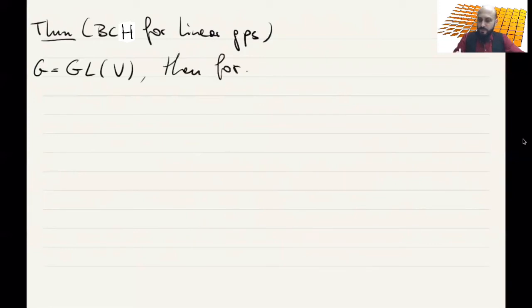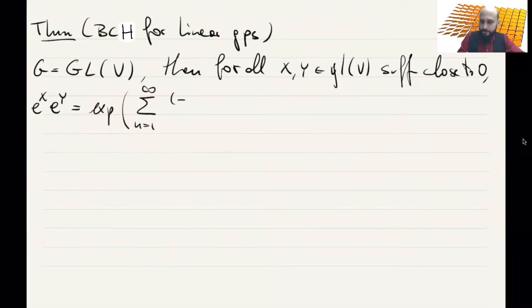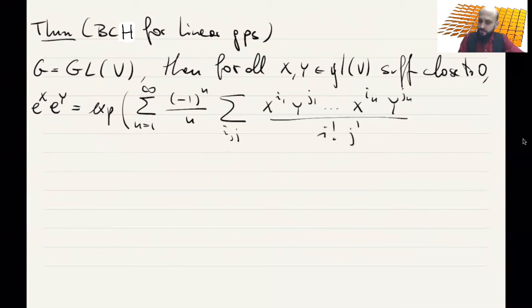Then for all x, y in the Lie algebra gl(V), sufficiently close to 0, we have that e^x e^y, I read it this way because this is the exponential of linear maps, equals e to the sum over n of (minus 1) to the n over n, sum over i, j of x^(i_1) y^(j_1) ... x^(i_n) y^(j_n), all divided by i factorial, j factorial.